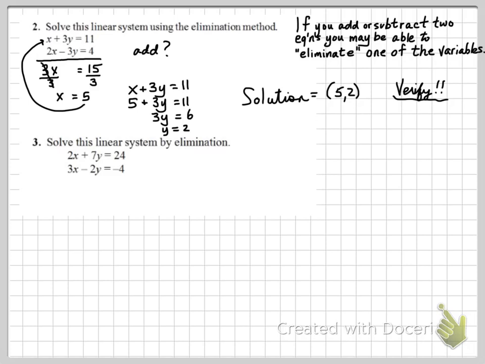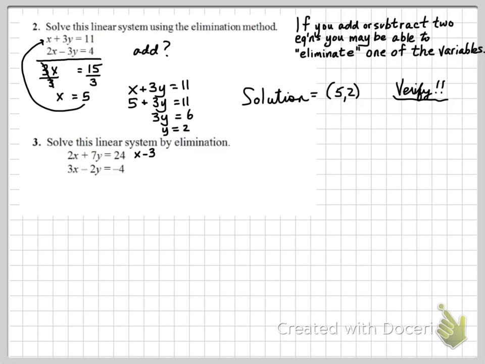Well, this time I don't have anything that's the same. I don't have the x's the same, I don't have the y's the same, but if I multiplied both equations by different constants, I can make something the same. And so what I'm going to do is try to make the x's the same. If I multiplied my first equation by -3, I could get -6x's.